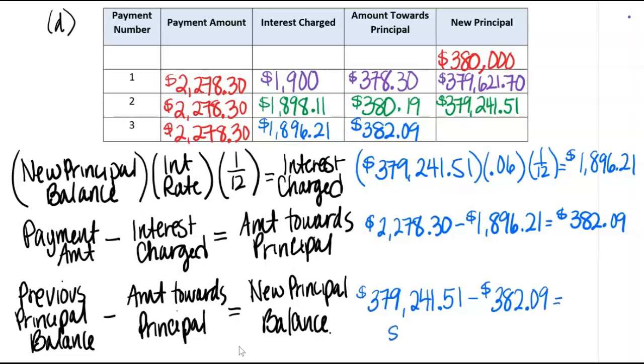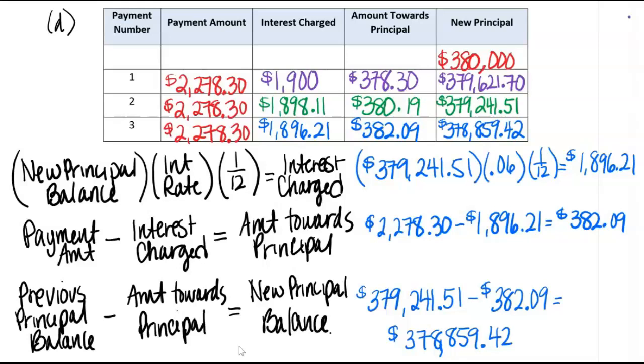This gives us a new principal balance of $378,859.42.